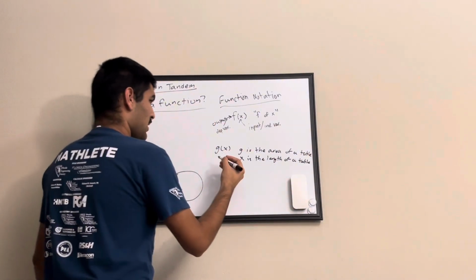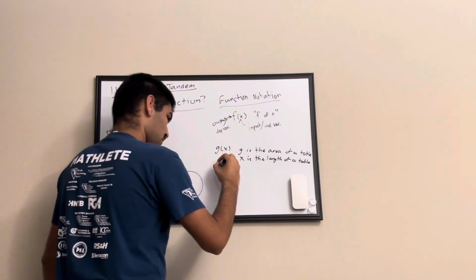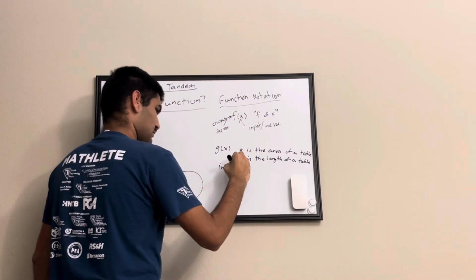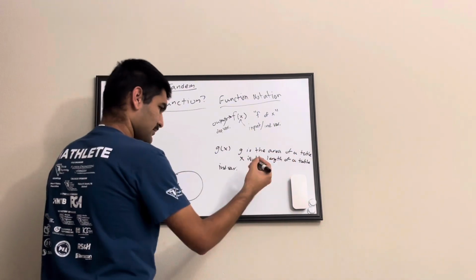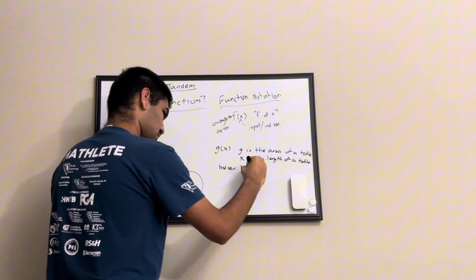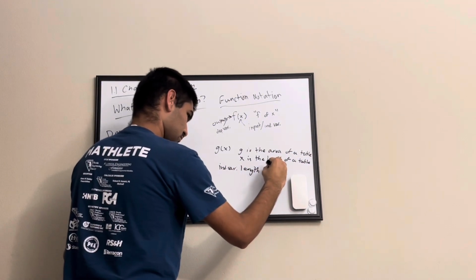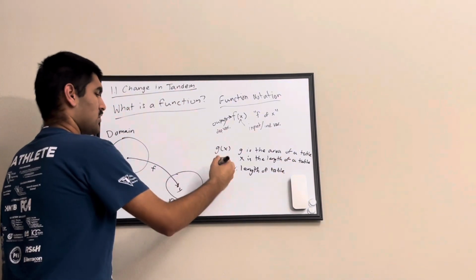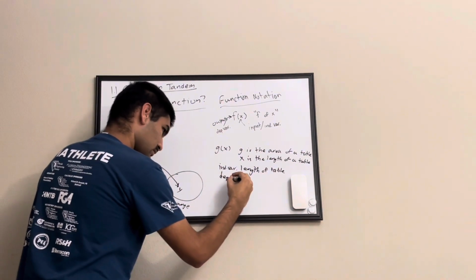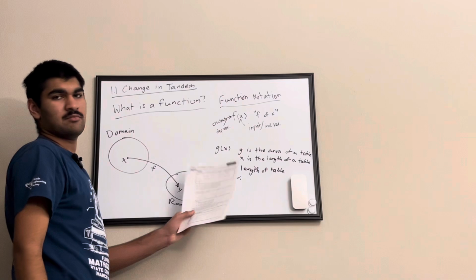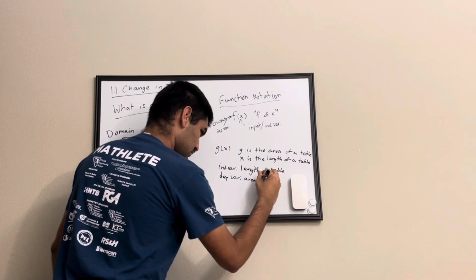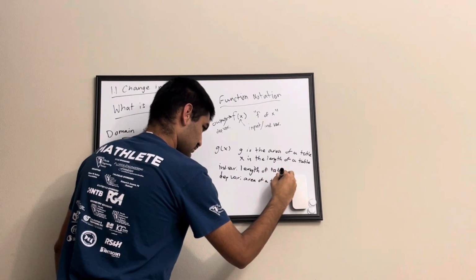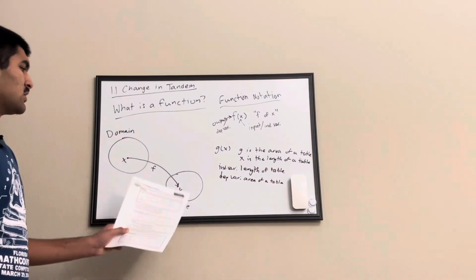Then the input, or the independent variable, will just be x, which is the length of the table. And the dependent variable will just be g, which is the area of the table. Okay, so hopefully this gives you an idea of what a function is.